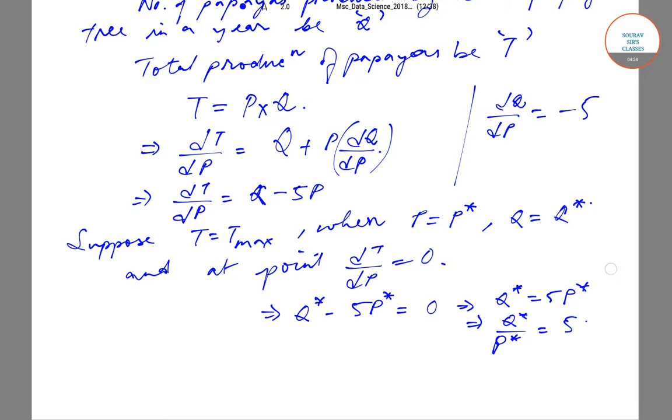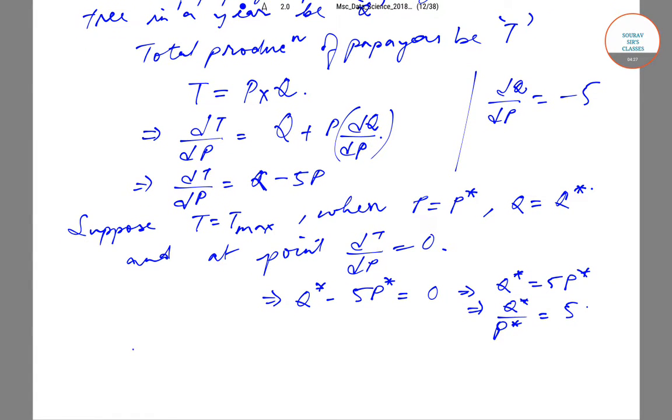Now what is Q star by P star? Now we'll do one more thing: let the number of trees be increased by x.